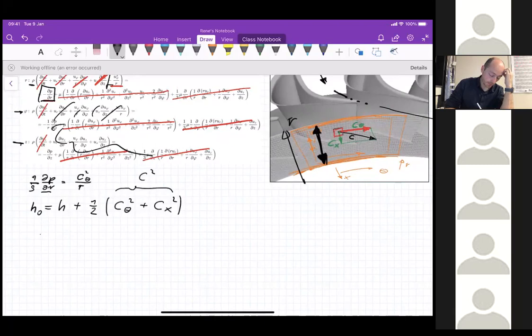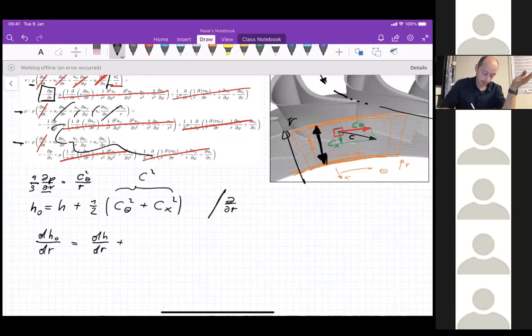I do it now as a total derivative here: dh/dr equals dh_0/dr plus... So I take this equation and I just take a derivative of this equation with respect to r.